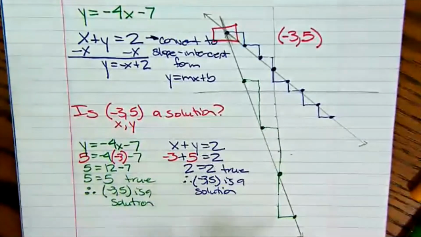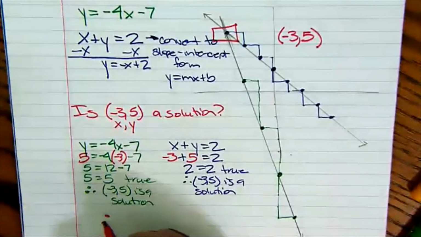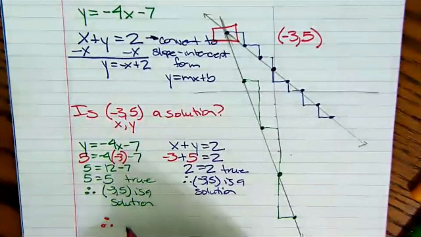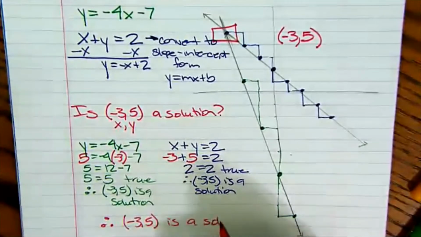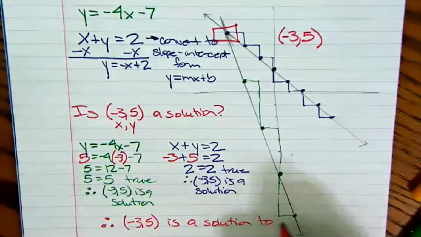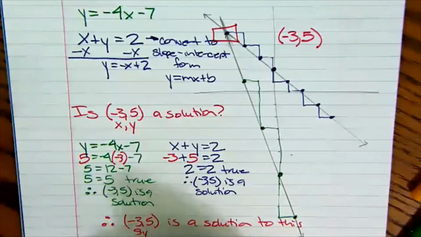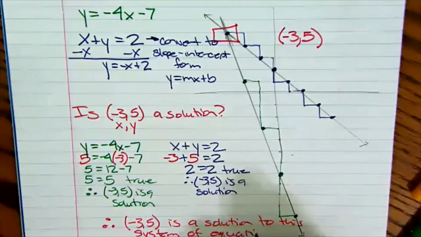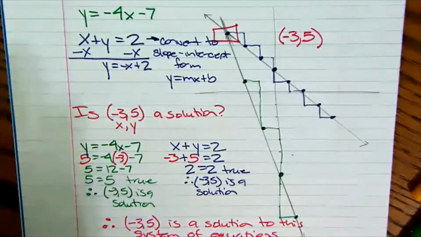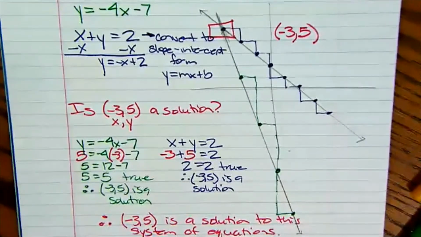So that gives us our big, huge therefore. Therefore, -3, 5 is a solution to this system of equations. So it's exactly what we did yesterday.